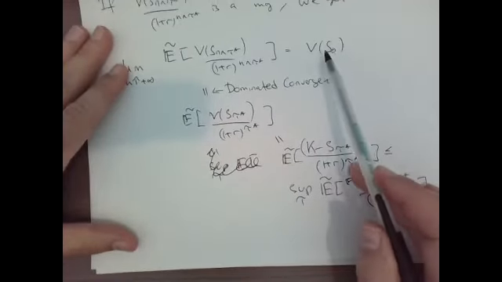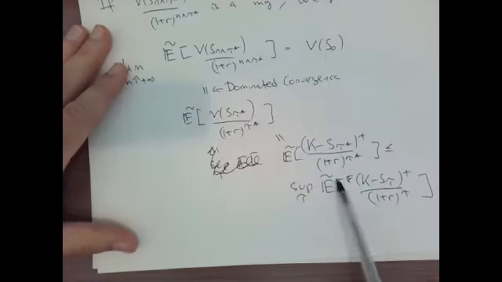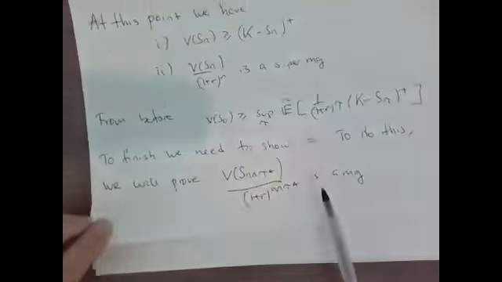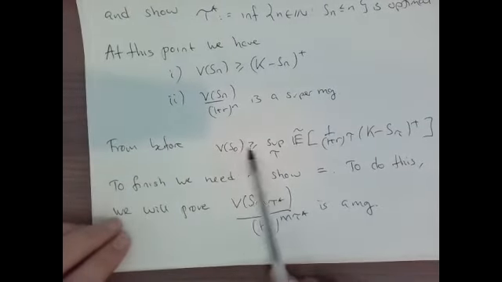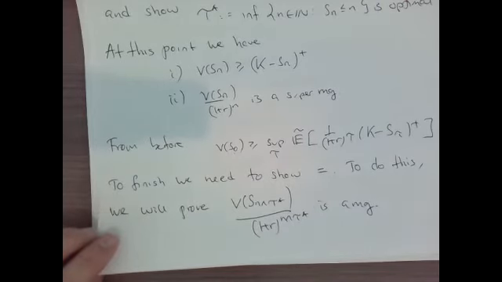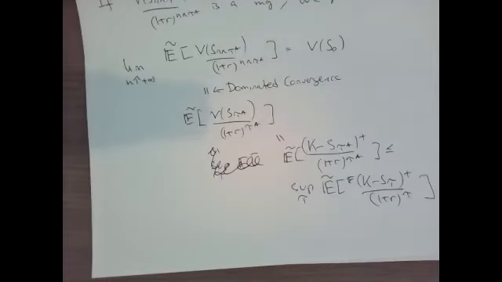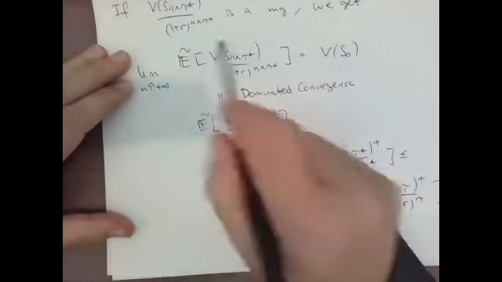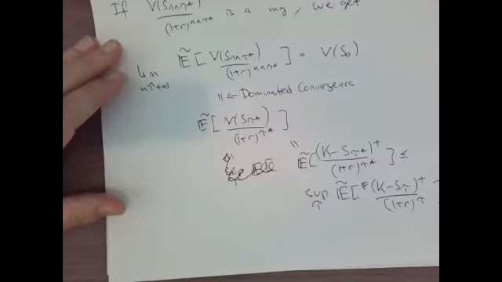So you go back, you now have that V of S0 is less than the supremum, but based upon the supermartingale property from before, we have that it's bigger than, and so now we get equality. So what remains to be proven is this martingale property, and as soon as we have that, we're done with the proof.